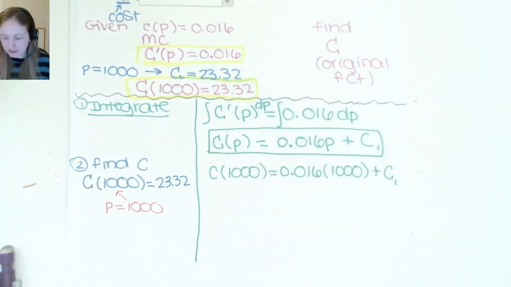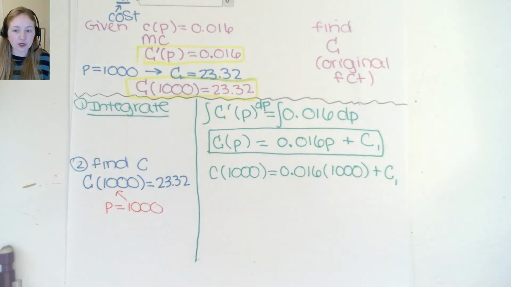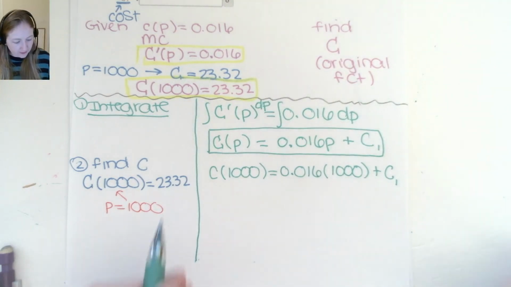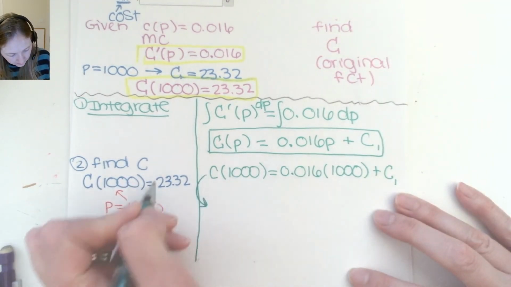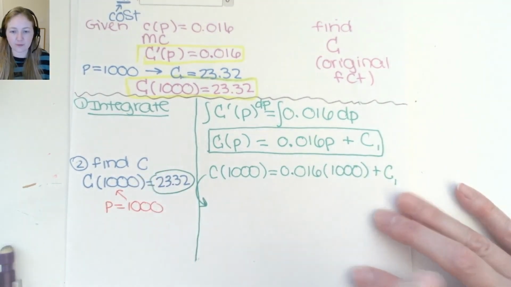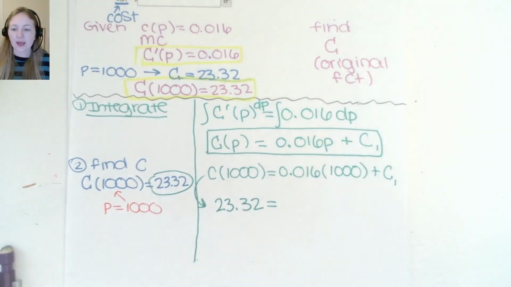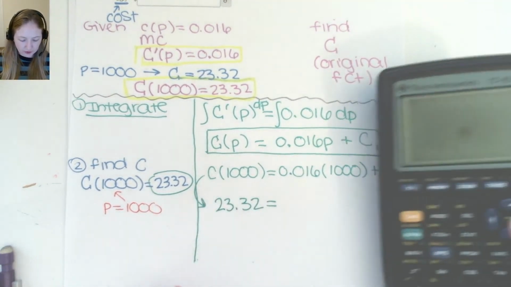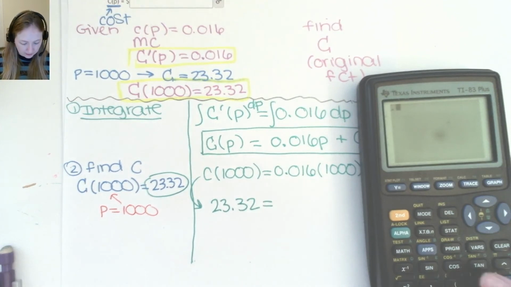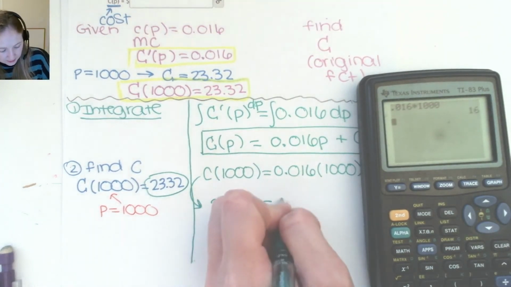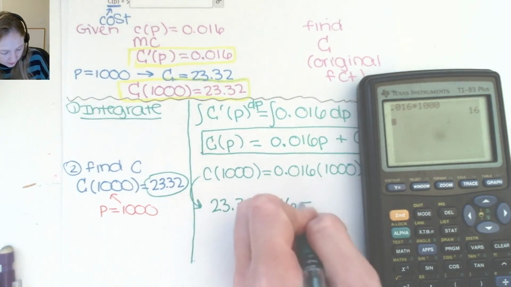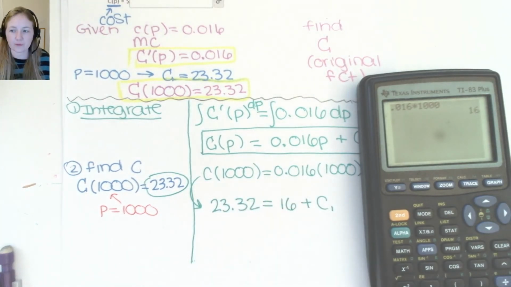And then our constant is still there. Keep in mind what we're trying to do is solve for the C sub 1, the constant. Now, our C of 1,000, that is this 23.32, so we plug in that 23.32. And then, of course, we multiply out the 0.016 times the 1,000, and that's going to give us 16, plus the C sub 1.